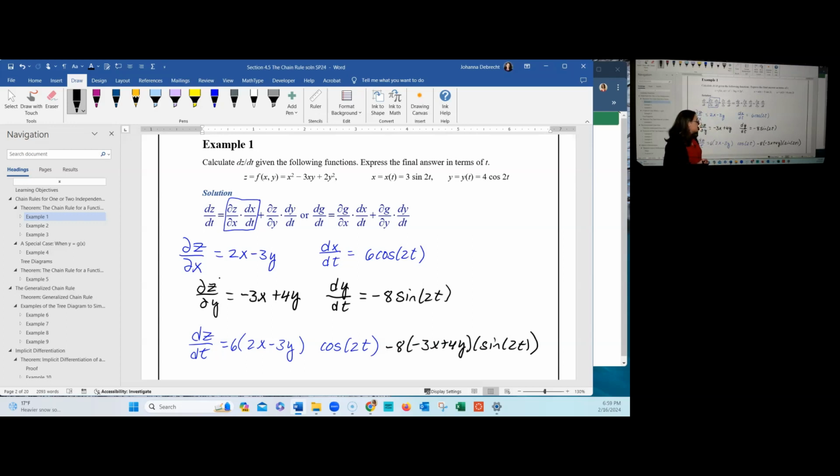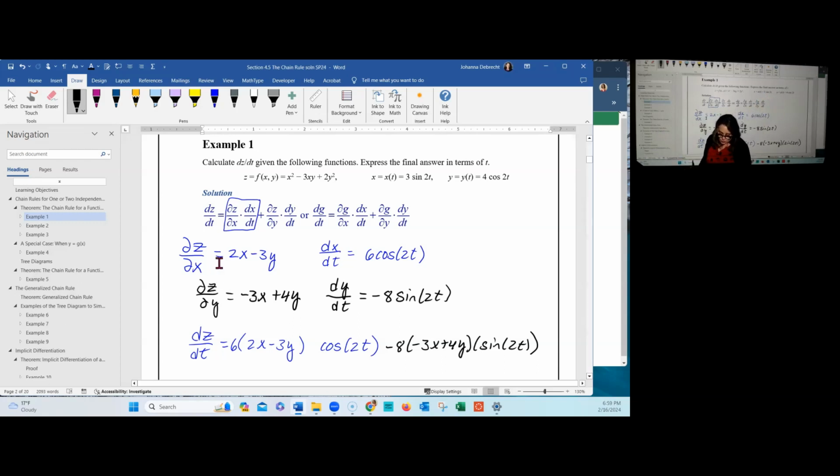Notice in this case that we still have both x, y, and t in the equation. Could we write it explicitly in terms of just t? The answer is yes, we can, because we have the expressions for x and y up at the top.